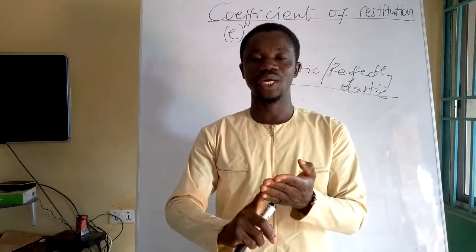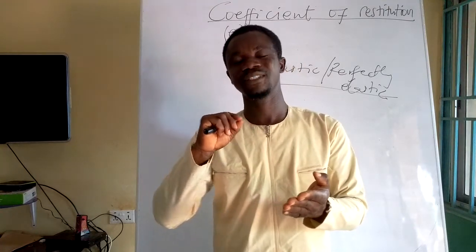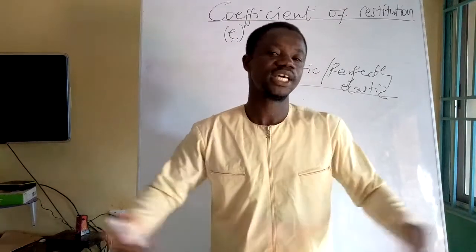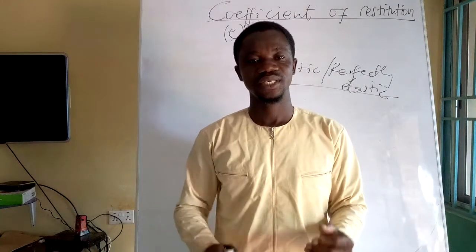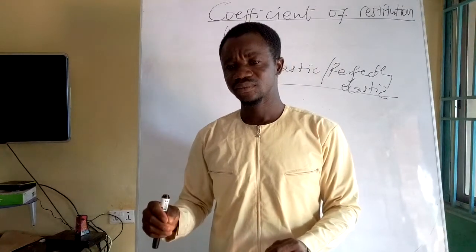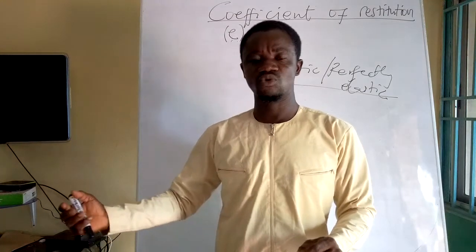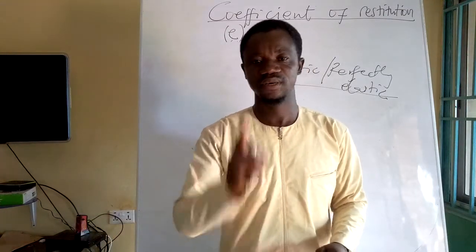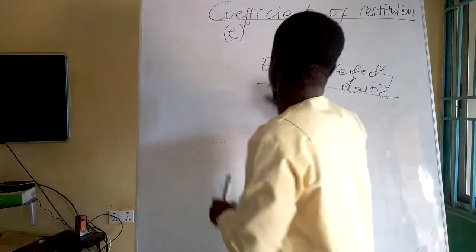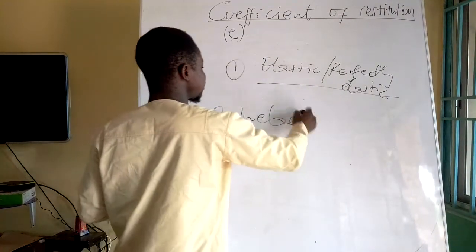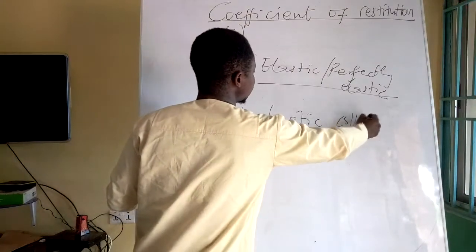The two bodies undergo elastic deformation. What that means is that they are able to regain completely their original shapes and dimensions. And then the coefficient of restitution is 1. That is elastic collision. Then we have 2, inelastic collision.